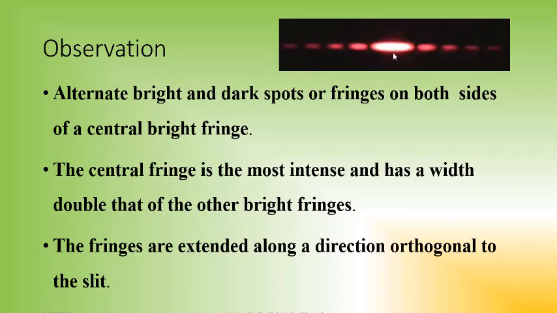We see that the central bright fringe is the most intense and has a width double that of the other bright fringes. And the fringes are extended along a direction orthogonal to the slit.